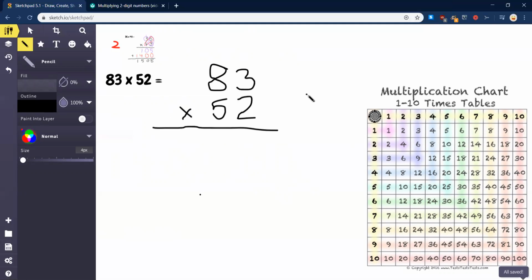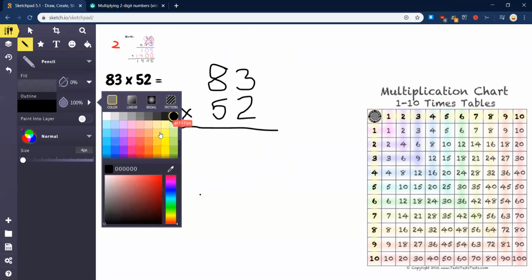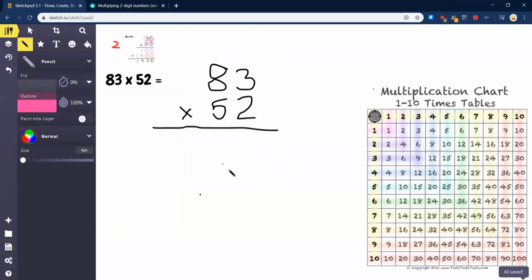Now, guys, I hope you're still with me. We're going to start off with 2 times 3. So 2 lots of 3 is 6. So I can put my 6 here in the ones column. Because we multiplied those ones first, now we do 2 times 8. We're actually multiplying the 2 against 83.